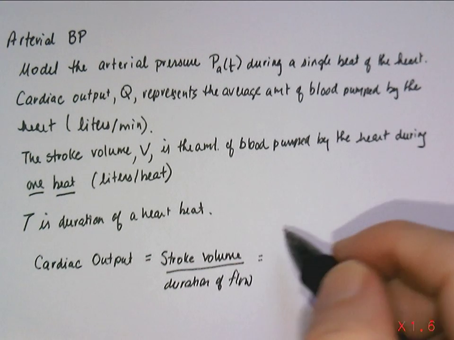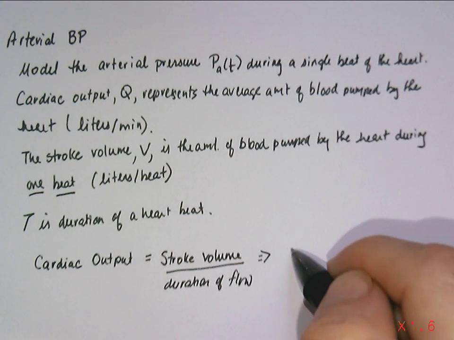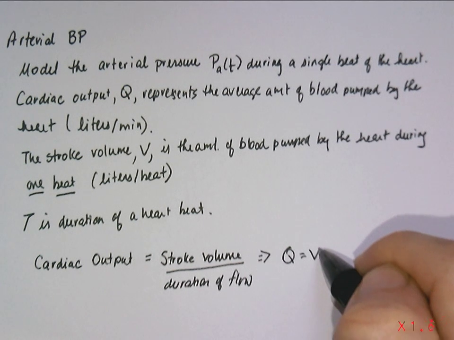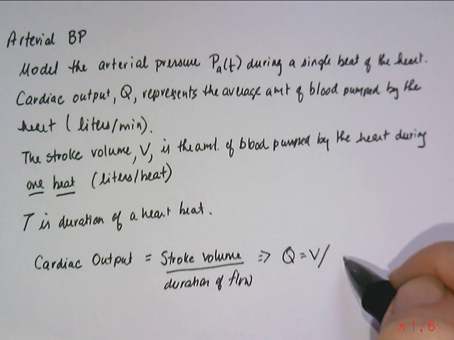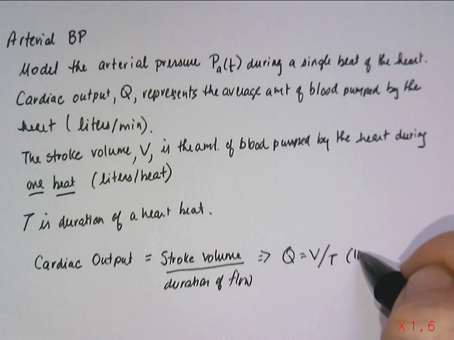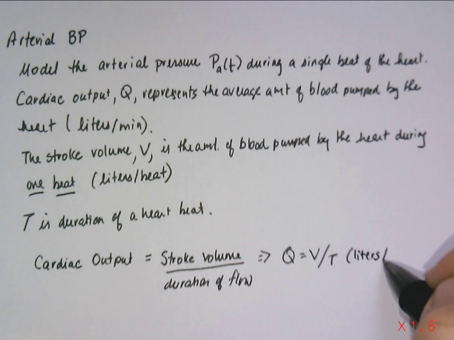So, in other words, Q would be the ratio between V to T, and that will be in liters per minute.